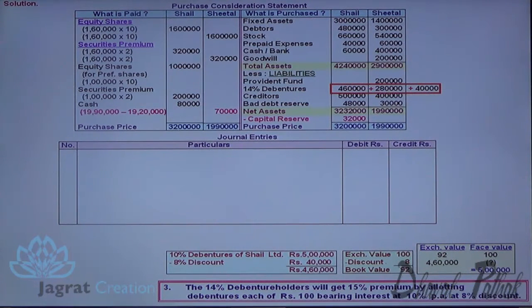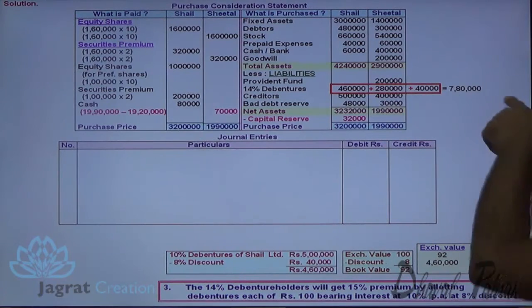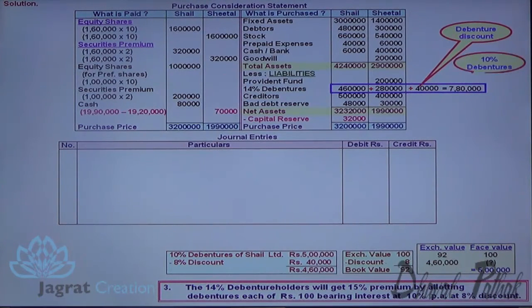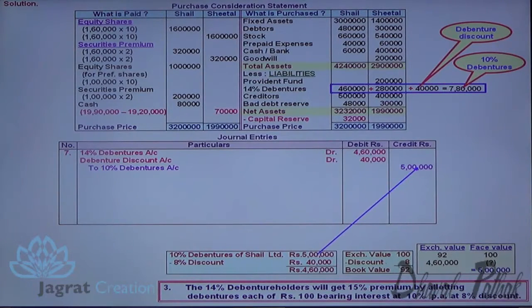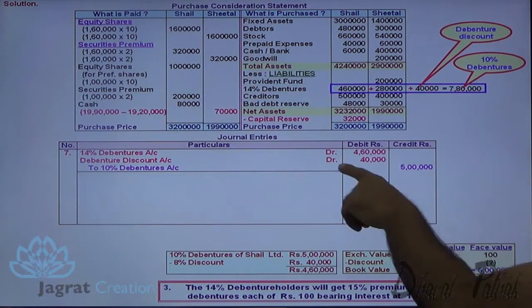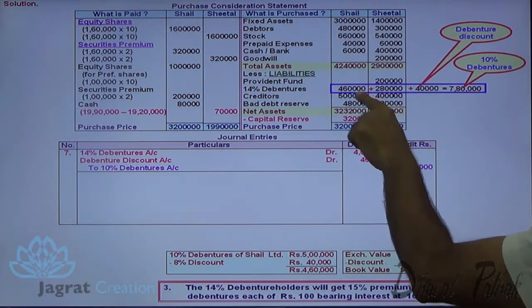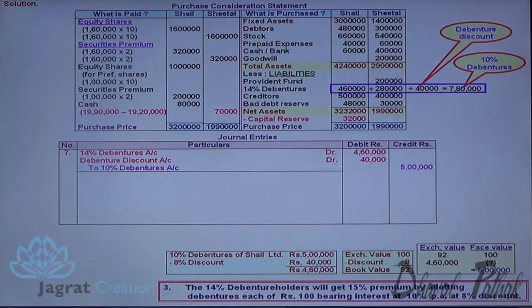So the total of these three, 7,80,000, are the total 10% debentures given by the purchaser, which includes debenture discount 40,000, and these are the 10% debentures. On the basis of this understanding, let me write out the journal entries. 14% debentures account debit, debenture discount account debit to 10% debentures account credit, 10% debentures given for this 14%, 4,60,000 debentures purchased.